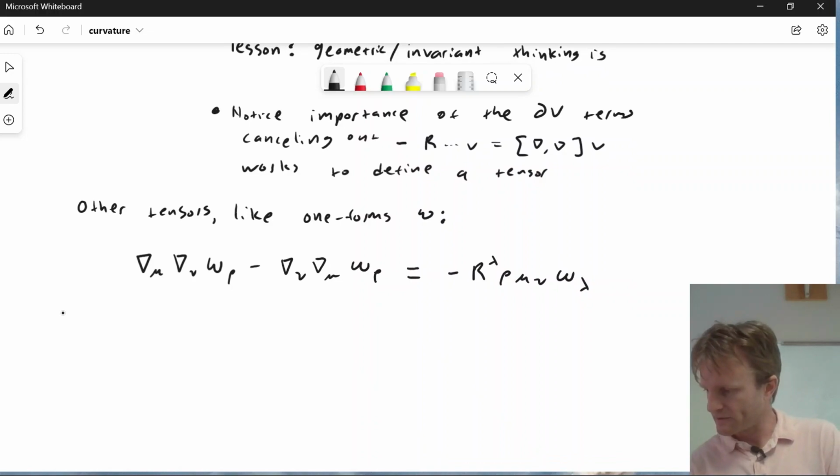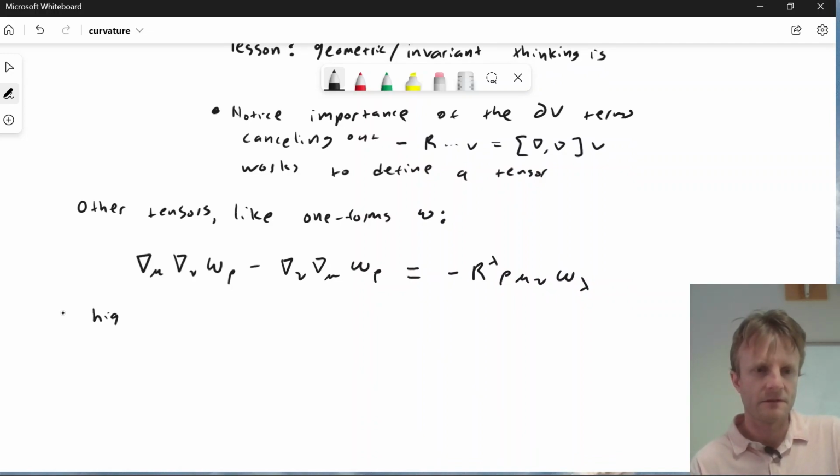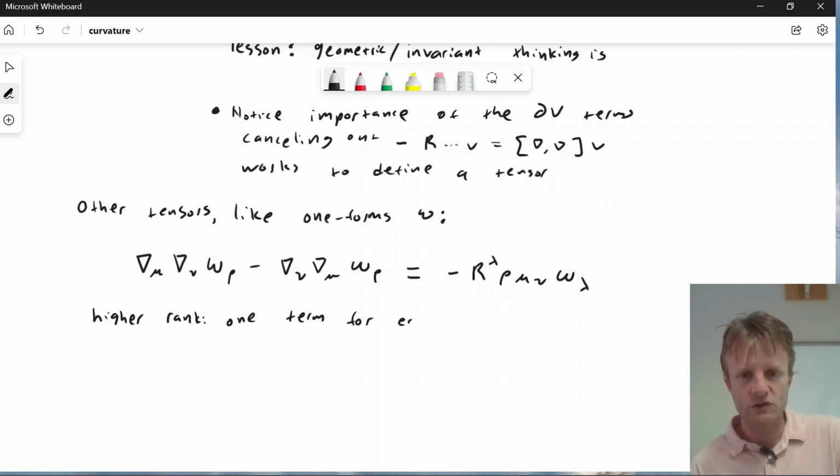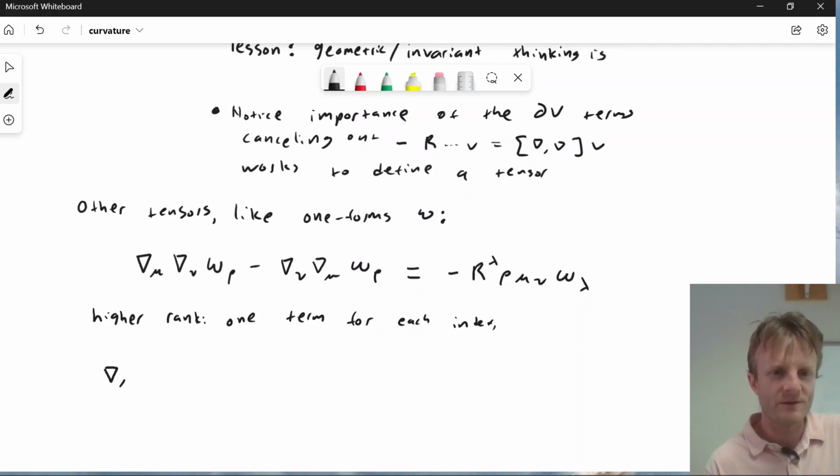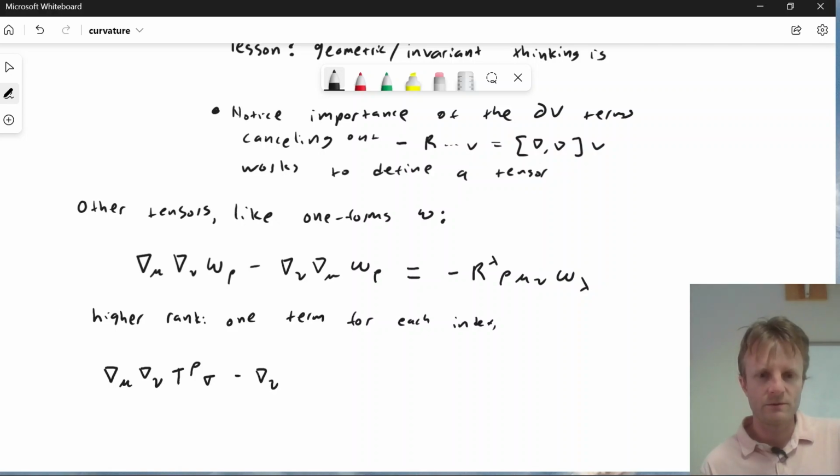Okay, and then similarly for higher rank tensors, higher rank is just one term for each index. So for example, let's do one with one upstairs and one downstairs index: del mu, del nu, T rho sigma, minus del nu, del mu, T rho sigma.